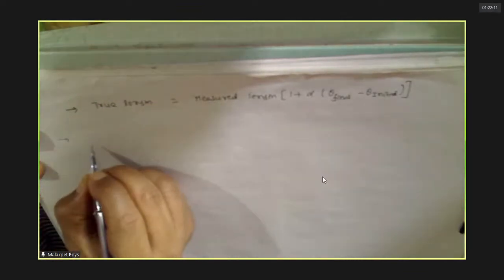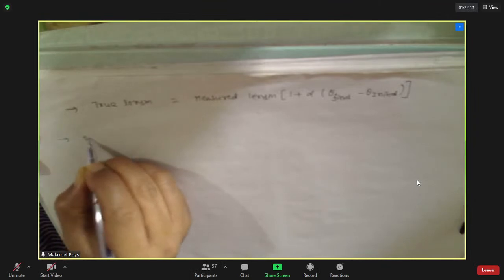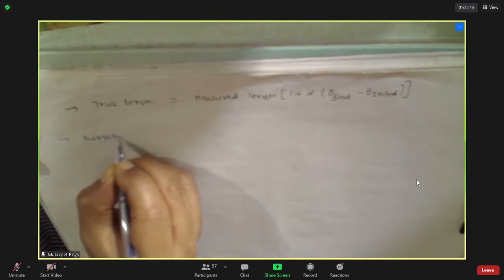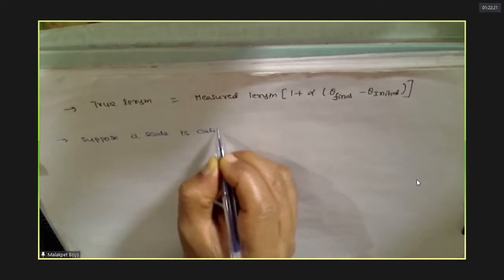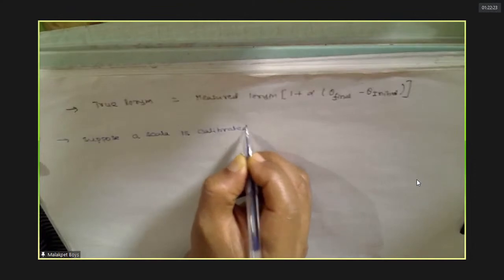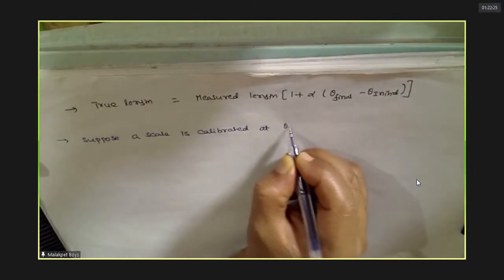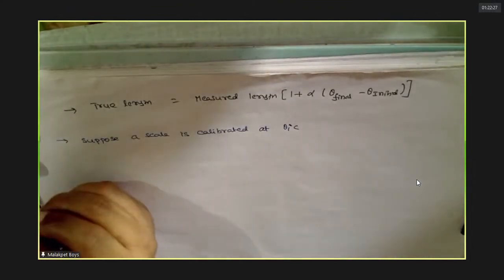Right. Now let us go to the other aspect. Suppose we have a scale. A scale is calibrated at theta 1 degree Celsius.